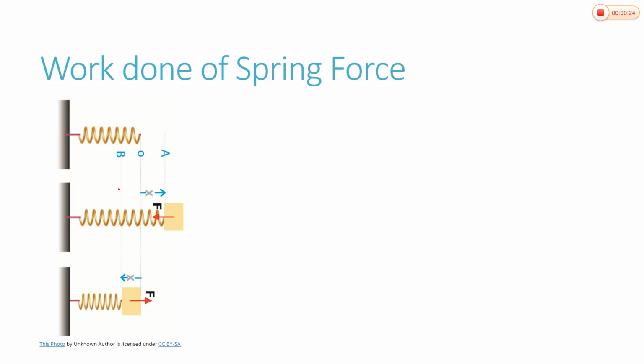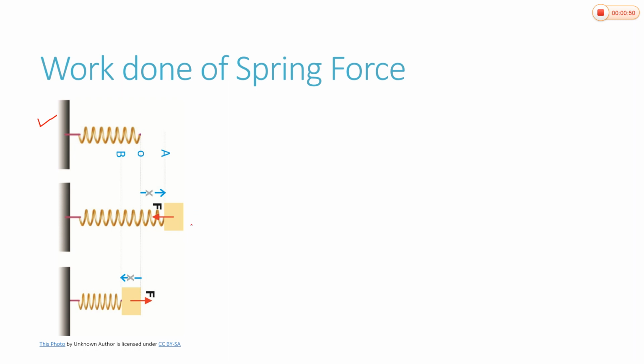So we have a photograph here, I have taken it from the internet. The first case represents a spring having undeformed length, means we haven't stretched or compressed that spring. So this is the undeformed length, means the original length of the spring.